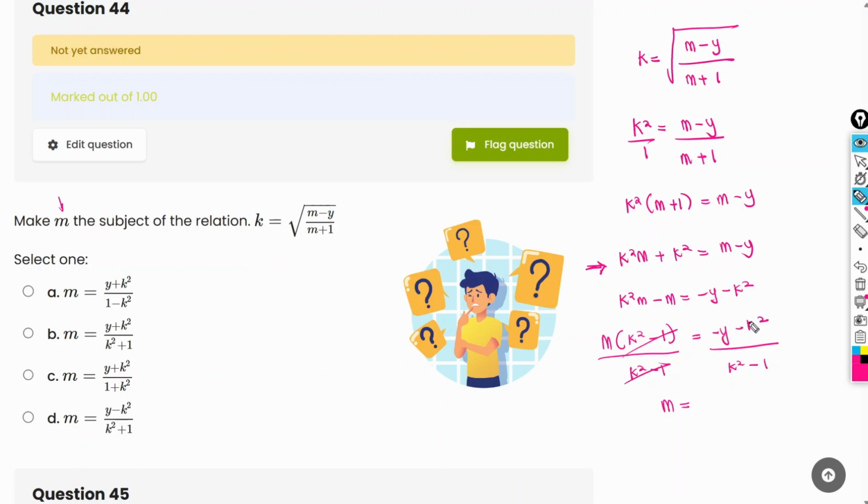We avoid that. So my top will become y plus k squared, and the denominator will be 1 minus k squared.